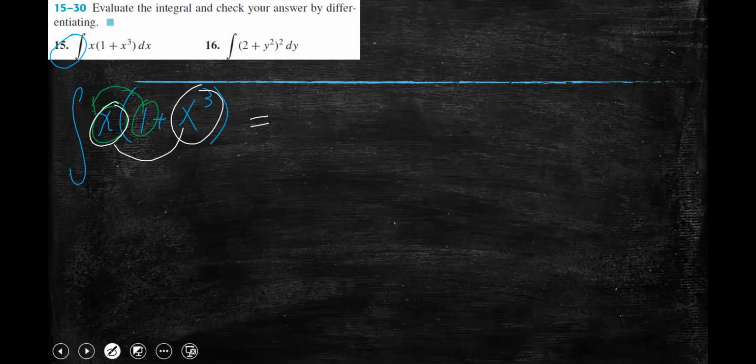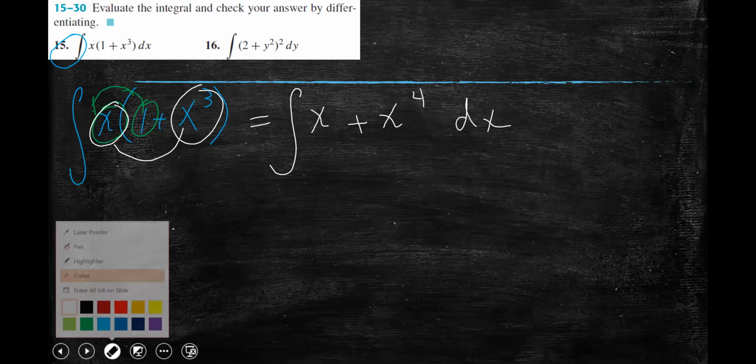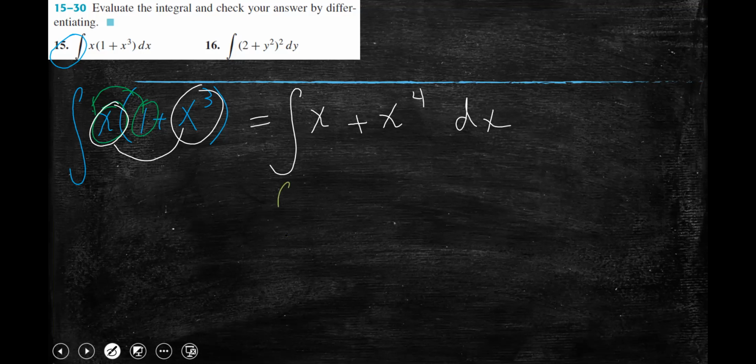Now, x times 1 is x, plus x times x cubed, where I add the exponents, so it will be x to the power 4. Now I have two functions that are added, so we can find the integration. I will distribute the integral sign into the two terms, or we can do it without this step.